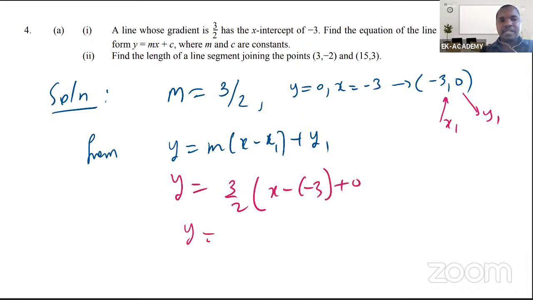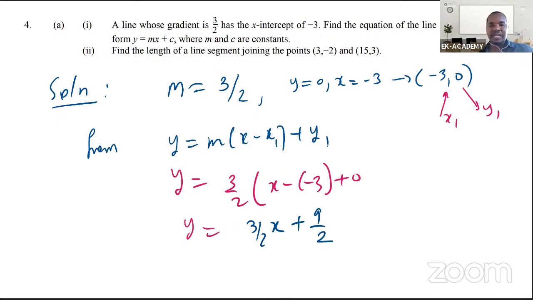You open the bracket, y will be equal to 3/2 x + 9/2. So now we have found the equation of the line in the form y = mx + c. So this is part 1.